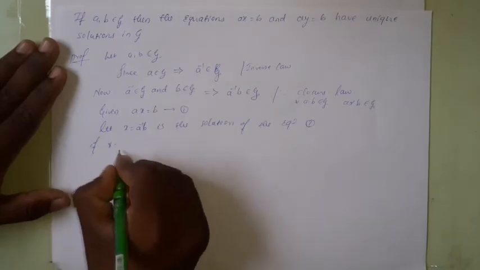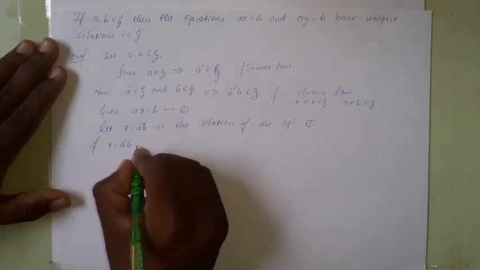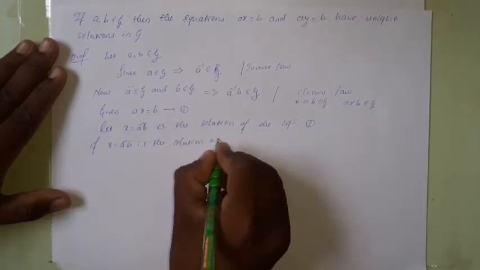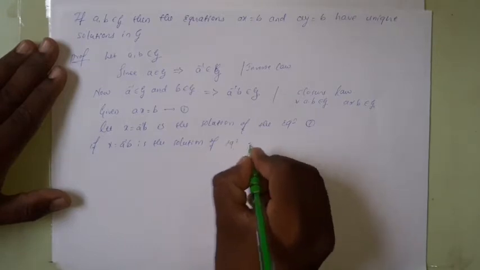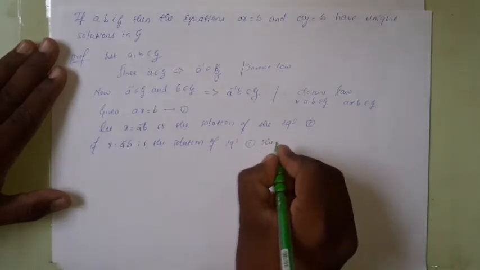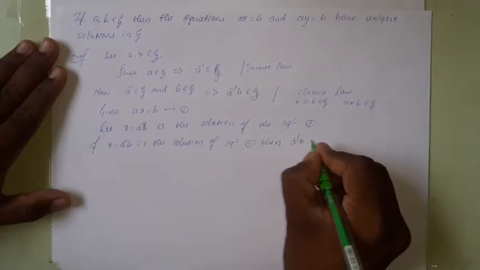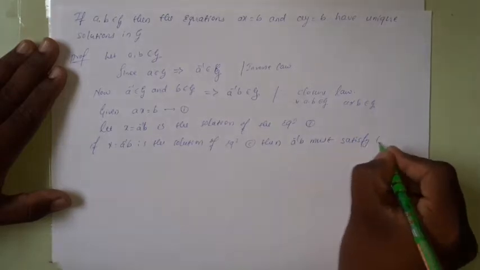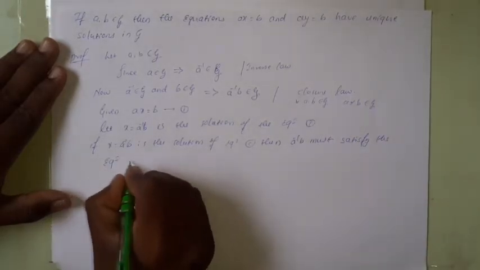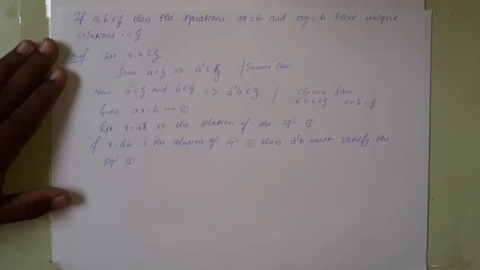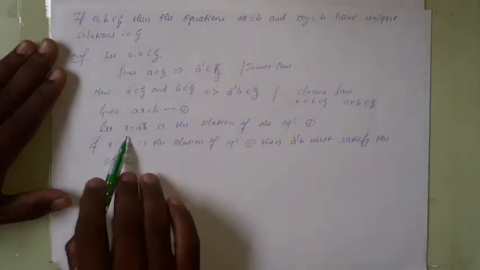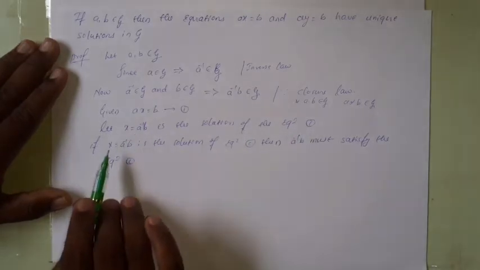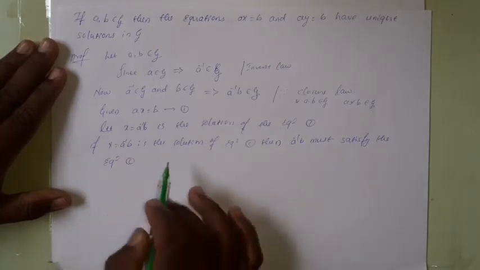Now, if x equal to A inverse into B is the solution of equation 1, then A inverse B must satisfy the equation 1. If it is the solution, then it has to satisfy the equation 1, that only we have written.